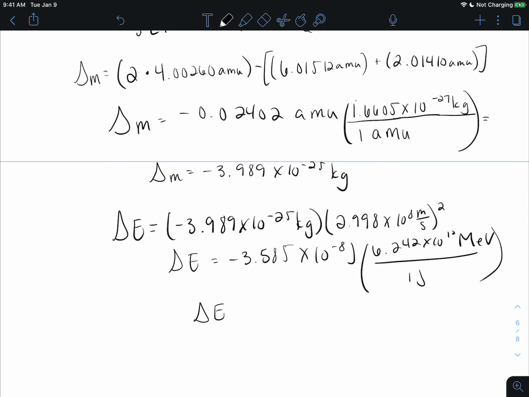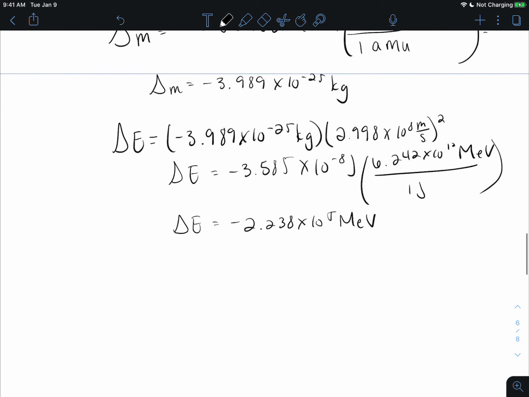And this gives us a nuclear binding energy of negative 2.238 times 10 to the 5 MeV for this process.